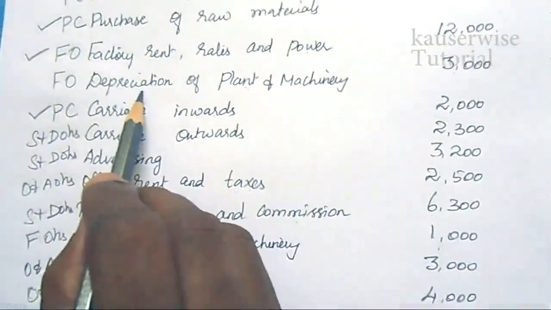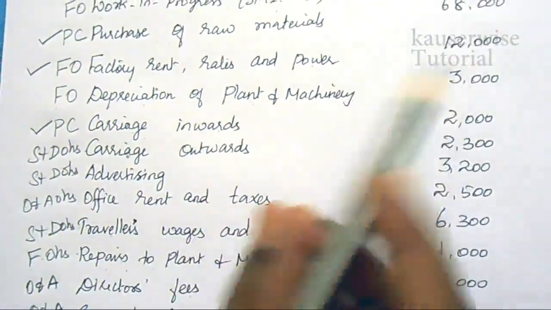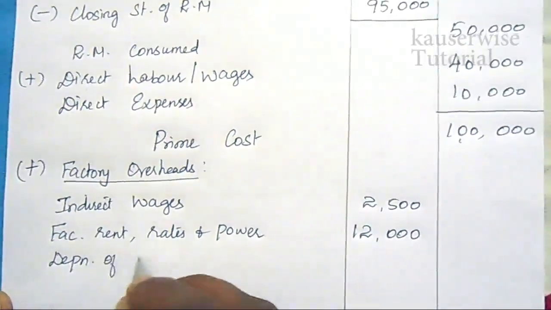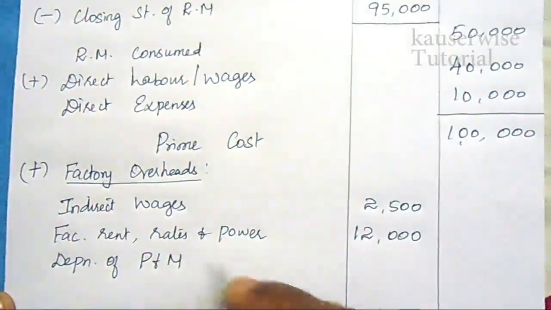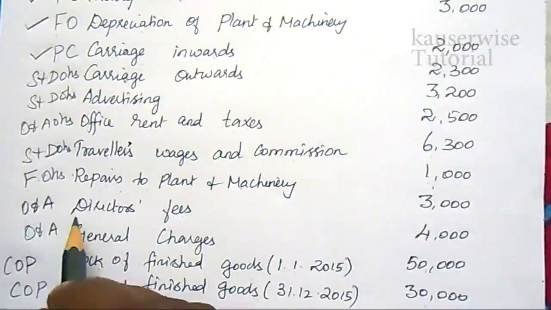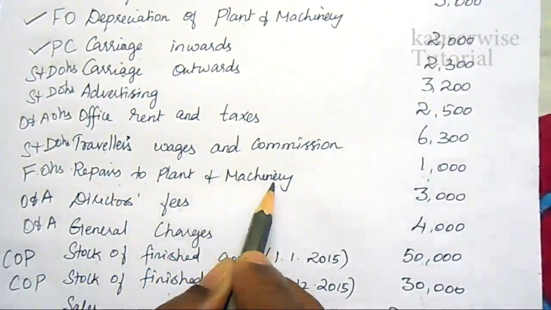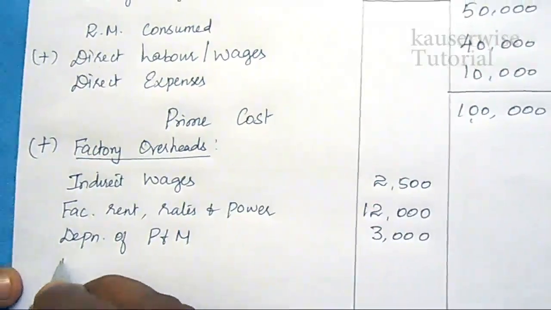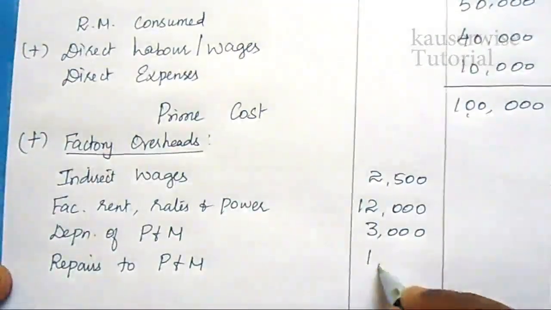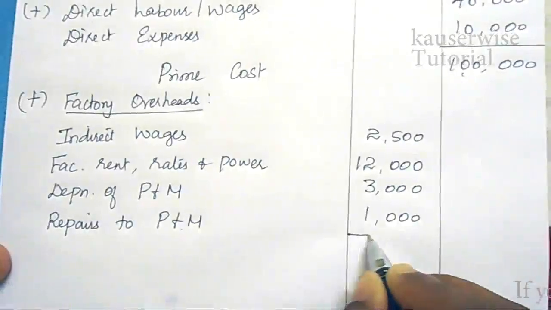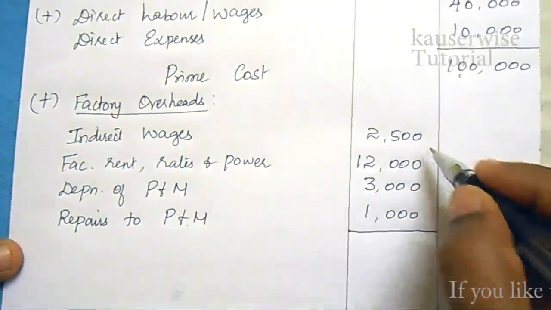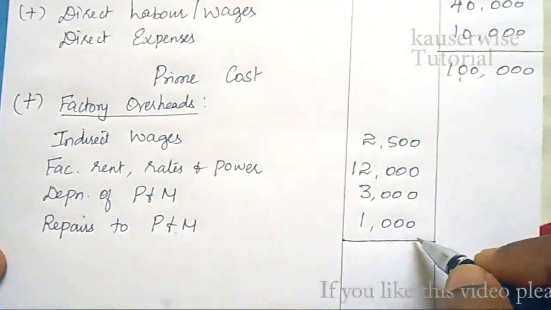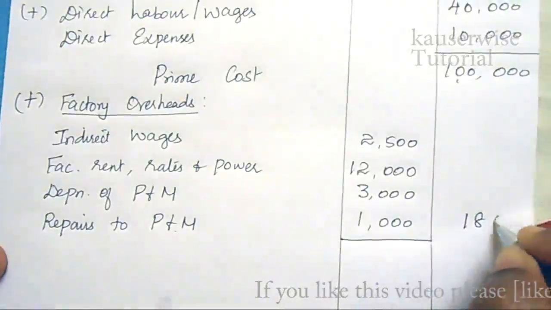Next one, depreciation of plant and machinery 3,000. Next one, repairs to plant and machinery 1,000. Now get the total. 2,500 plus 12,000 plus 3,000 plus 1,000, total 18,500.